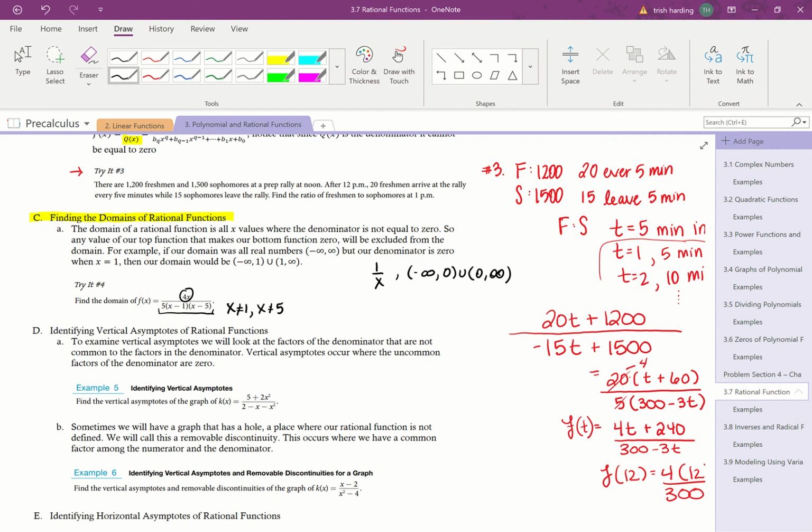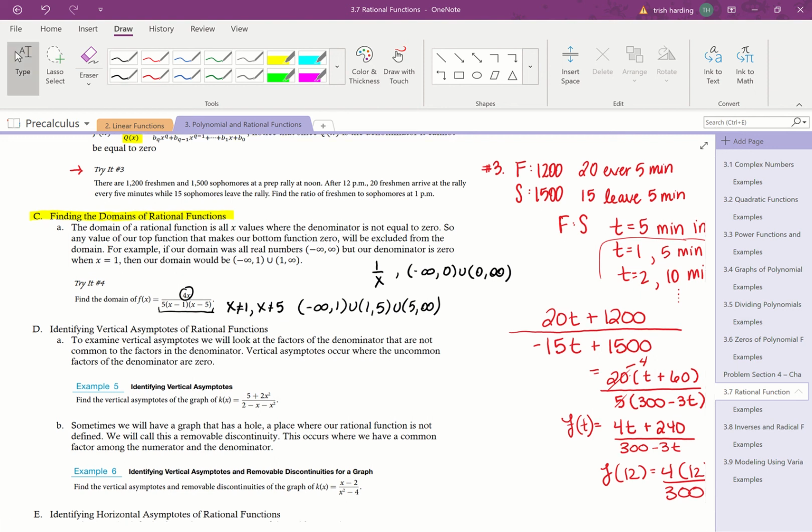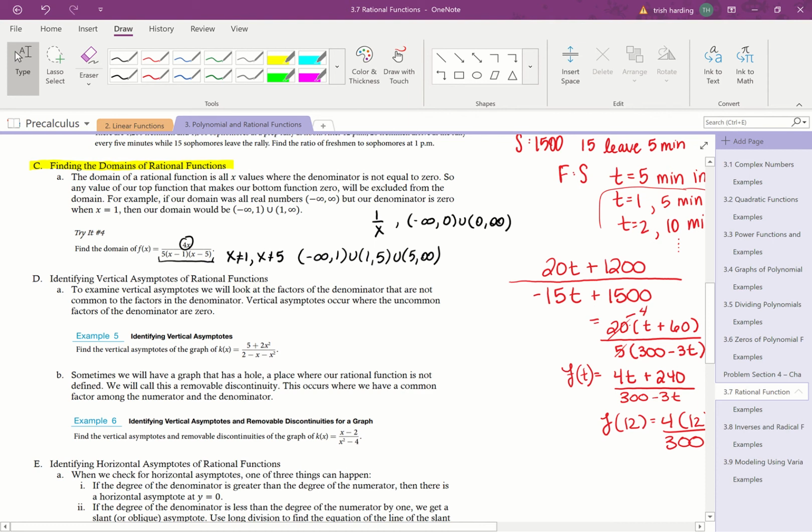So the top function has the domain of all real numbers, but the bottom function cannot equal 1 and cannot equal 5. So our domain is negative infinity to 1, unioned with 1 to 5, unioned with 5 to infinity. And that's how it would go.